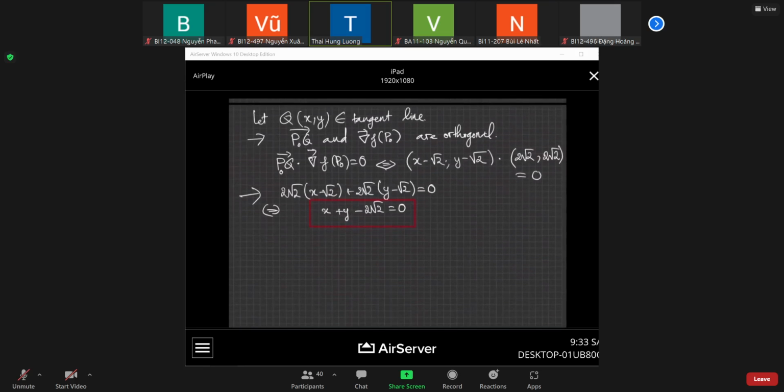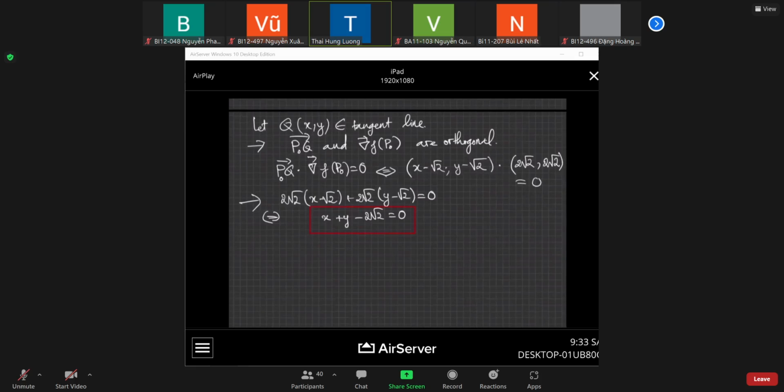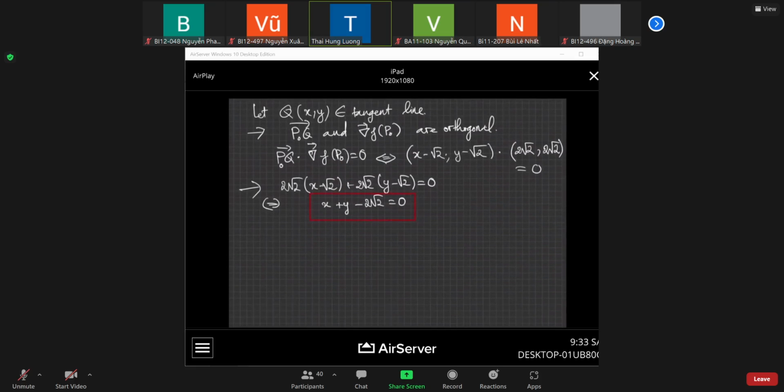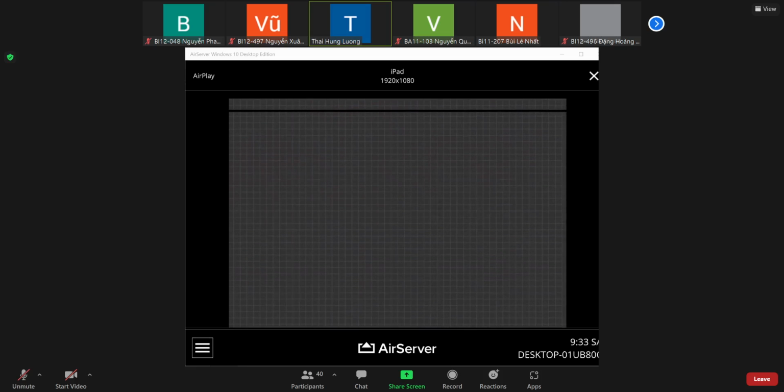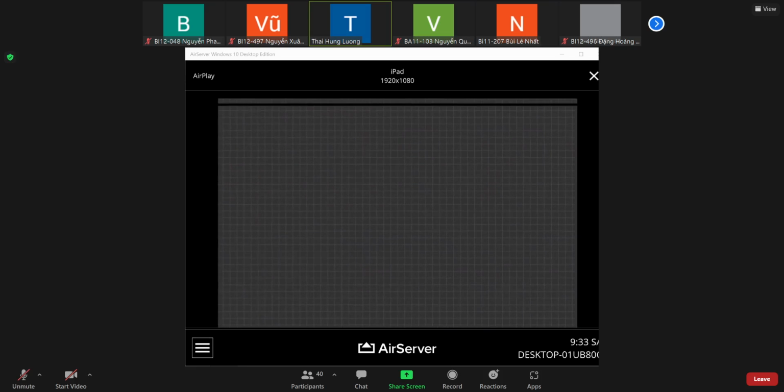That is the problem of writing the tangent line equation. So now let's consider the next type of problem. You know, from calculus one, the derivative of a function gives you the rate of change of the quantity represented by the function, right?